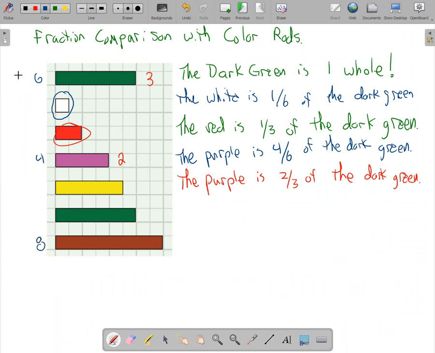So just based on that comparison, if I want to compare the brown to the green, I would say something like the brown is 8/6 of the dark green. Now notice we have a top-heavy fraction here where all the other ones, the top number was smaller. This time the top number is bigger. So that's one comparison.